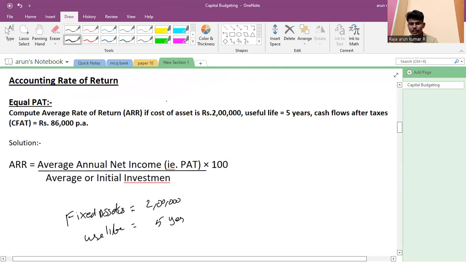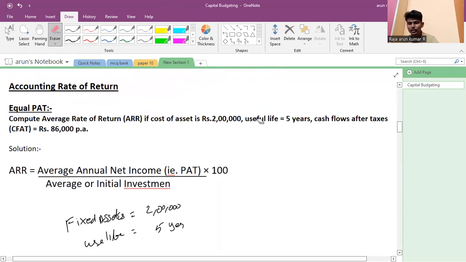They have not given the PAT, no mention of PAT here. They have only given cash flow after tax, which is 86,000. It includes depreciation also. If I exclude the depreciation, we get PAT.